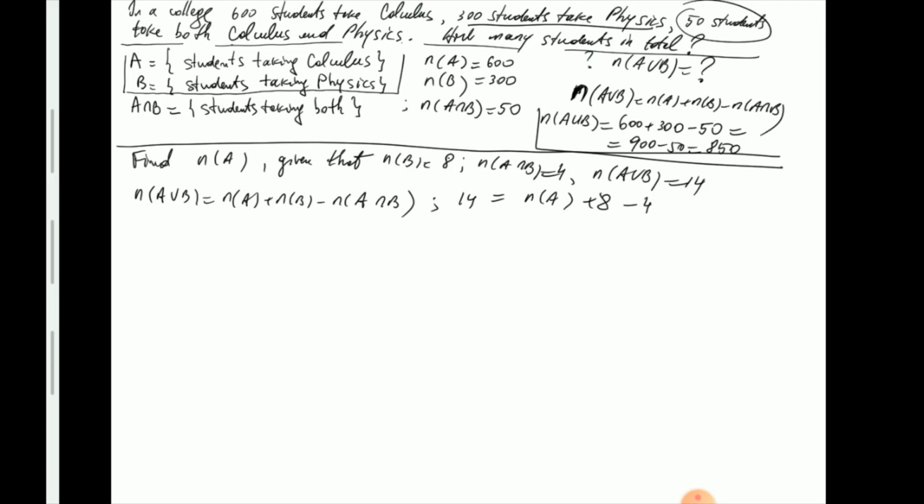So we have 14 equals N of A plus 4, and then N of A equals 14 minus 4, which is 10. So N of A equals 10.